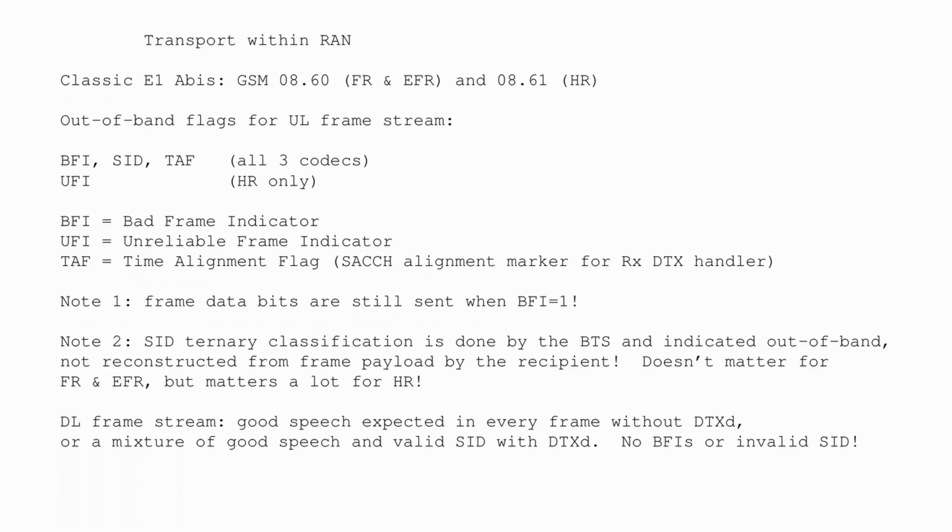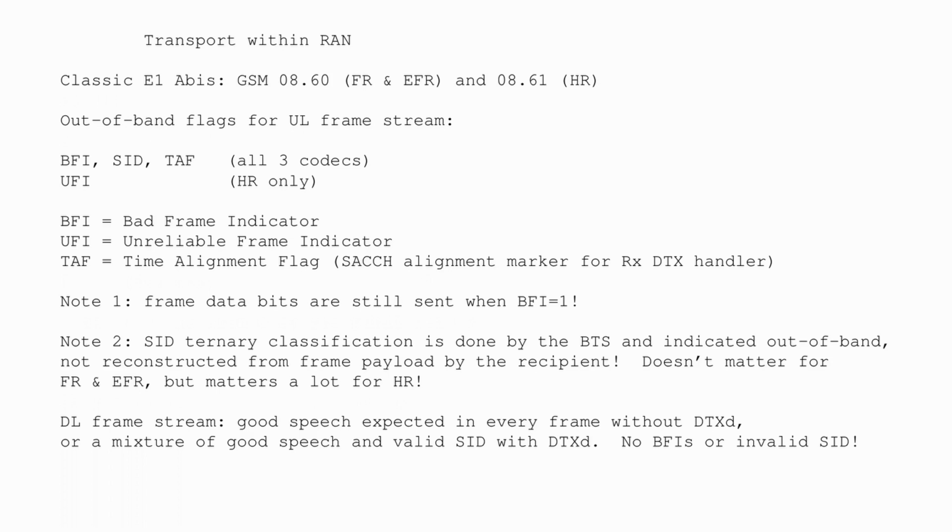So this is actually a 2-bit ternary flag that classifies is this a valid SID, is this an invalid SID, or is this a non-SID speech? And for FR and EFR, the out-of-band flag is redundant because the recipient can simply look at the payload bits and apply the prescribed rules and reconstruct the classification, which is what we already have the function for in libosmo codec, the functions I added back in March or so, that do this classification.